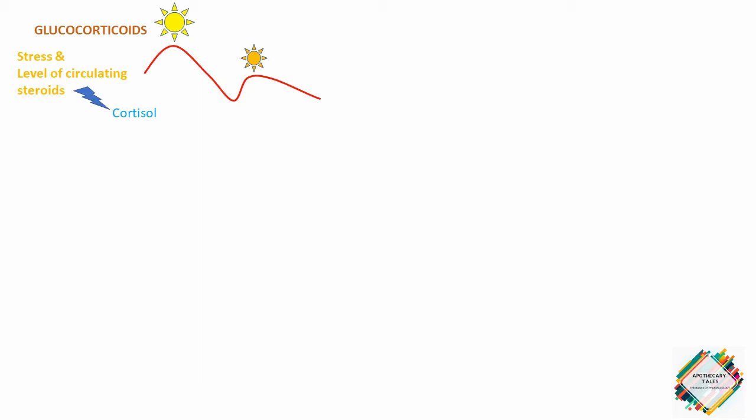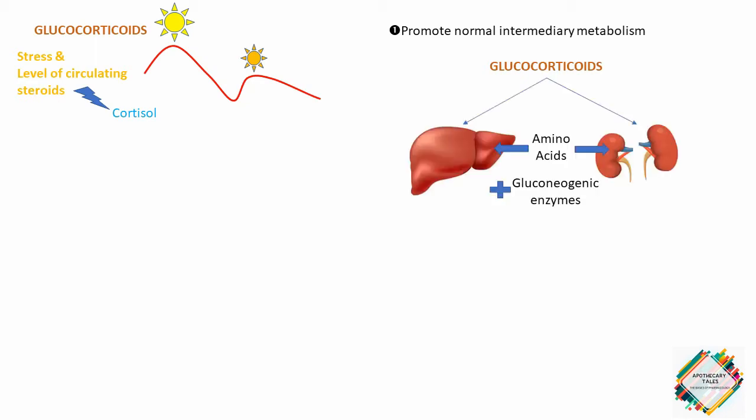The effects of cortisol are many and diverse. So in general, what do they do? First, they promote the normal intermediary metabolism. That is, these glucocorticoids favor gluconeogenesis, the synthesis of glucose, through increasing the amino acid uptake by the liver and kidney and elevating activities of gluconeogenic enzymes.